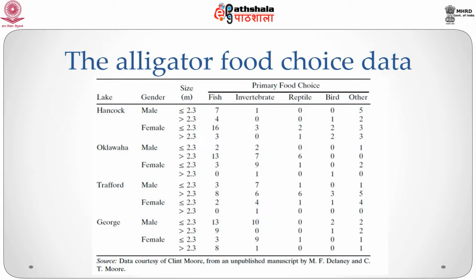This is a study of factors influencing primary food choice of alligators and is derived from measurements on 219 alligators from the 4 Florida lakes. The nominal response is primary food type and has 5 categories: fish, invertebrate, reptile, bird, and other.